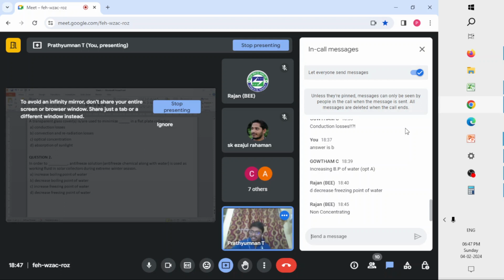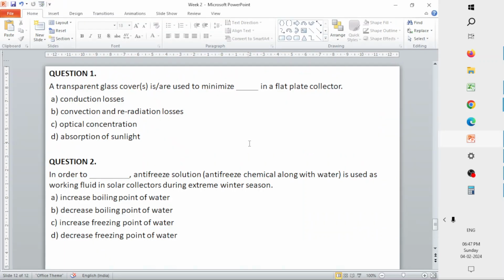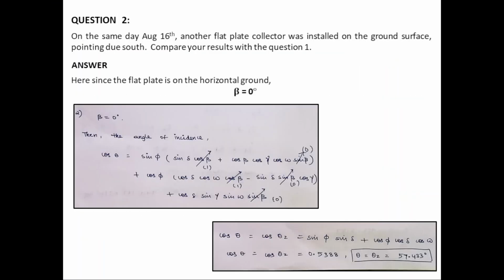In the morning it's in the east, at noon it's on top of our heads, and towards the evening it sets in the west. So depending upon the direction, as a prototype we can change the direction of the concentrated solar collector to harness the maximum amount of energy.